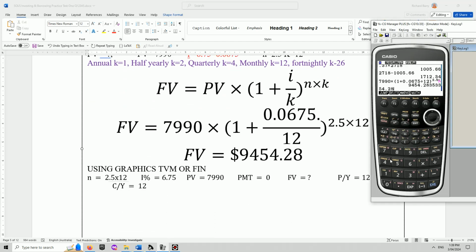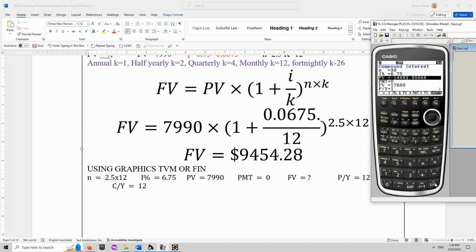Right, finance on a calculator. How do we get there? It's menu. Go across to finance; on the older calculators that would be called time, value, money. This is a compound interest problem. n is 2.5 times 12. Interest is 6.75.